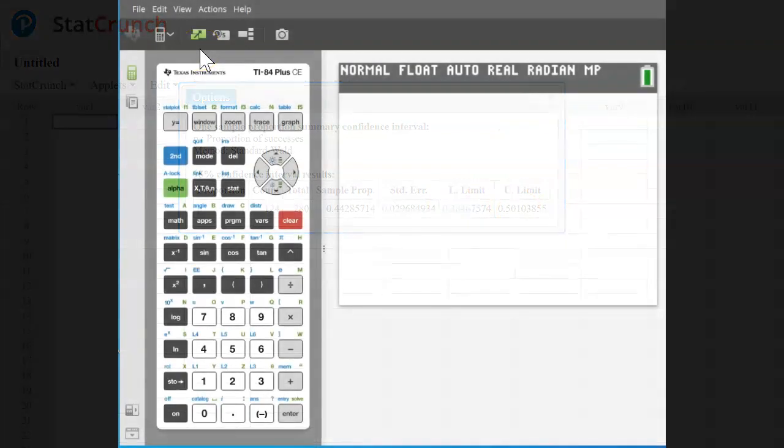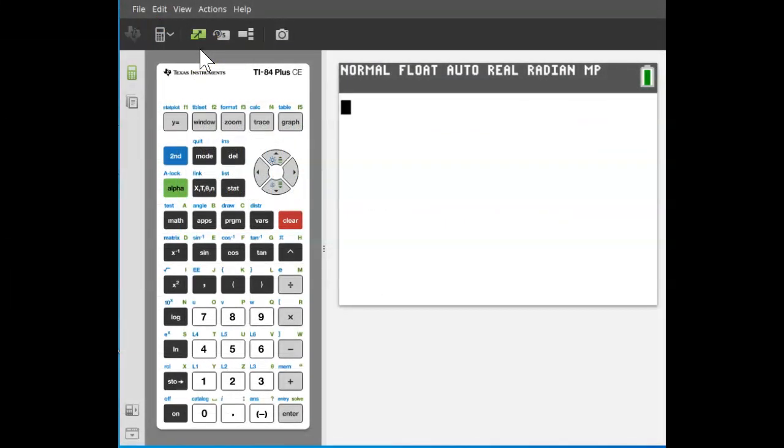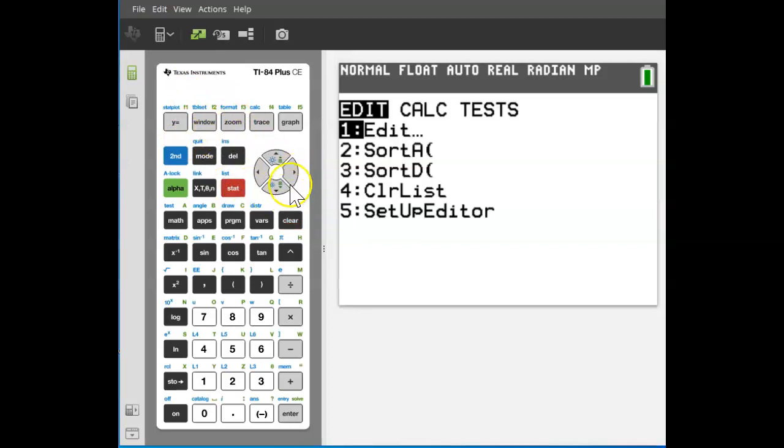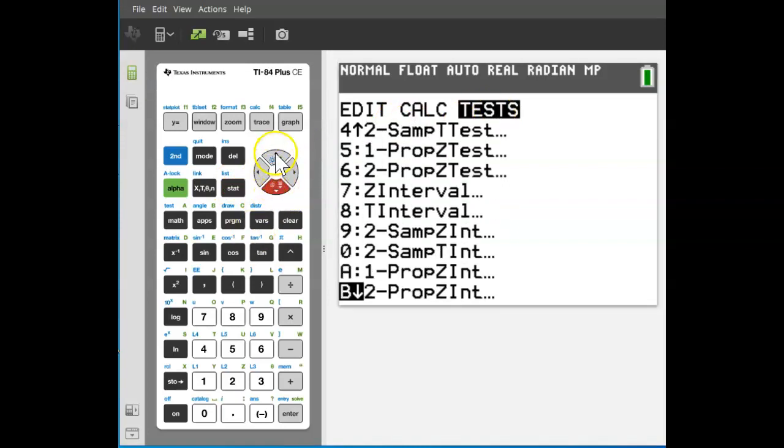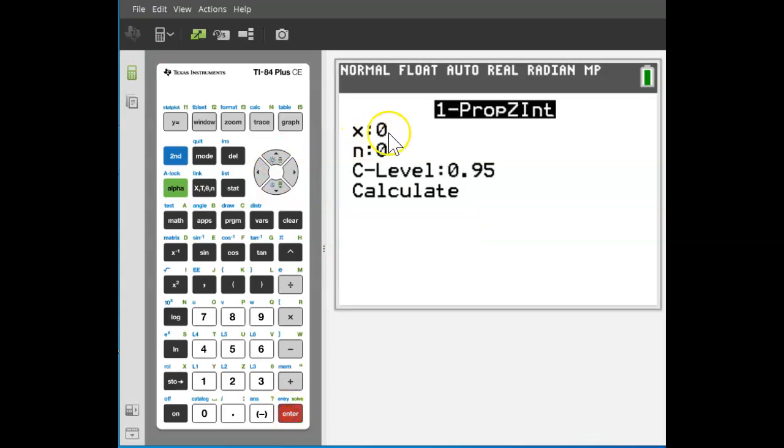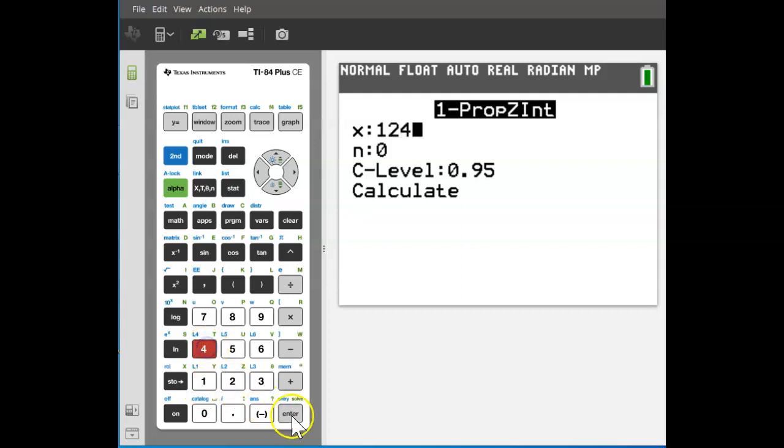I also want to show you how to use TI-84 graphing calculator to build the confidence interval for population proportion. Go to Stat, Tests, go down to 1-PropZInt, click Enter, enter the number of successes. 44% of 280 rounded up is 124.